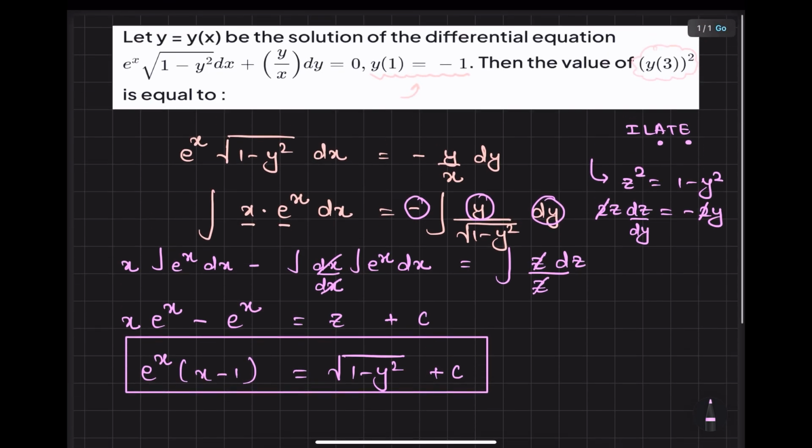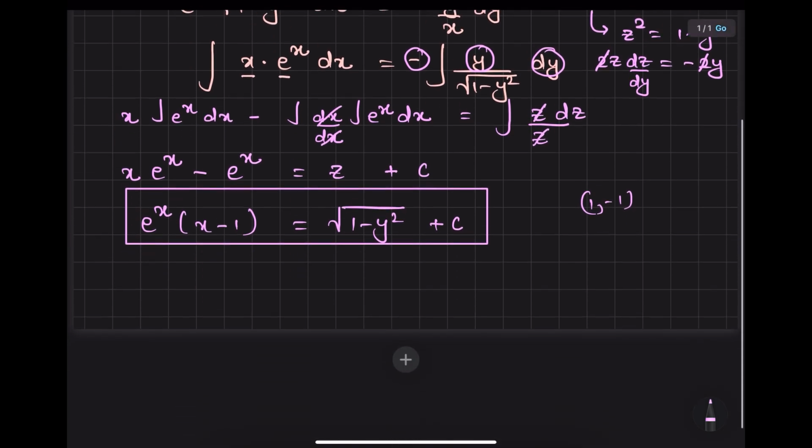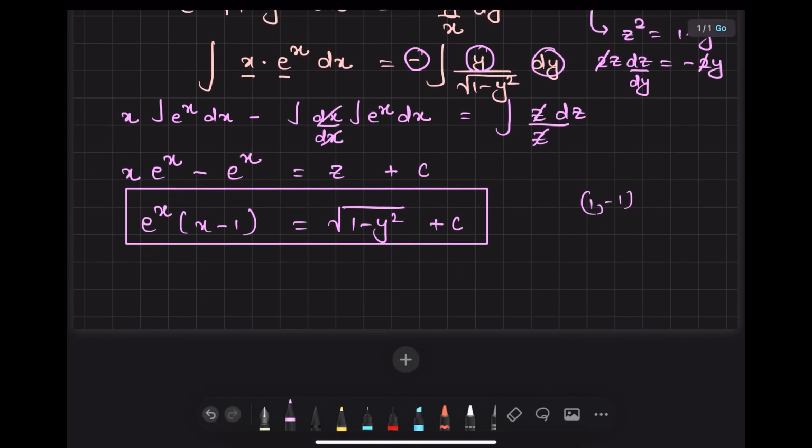So how will we respond to that part? We will use this idea. So the given curve will satisfy 1 comma minus 1. So in place of x we will be writing 1, in place of y we will be writing minus 1. So look at this. If you write 1 in place of x, this thing will become 0 and it will make everything on the left hand side 0.